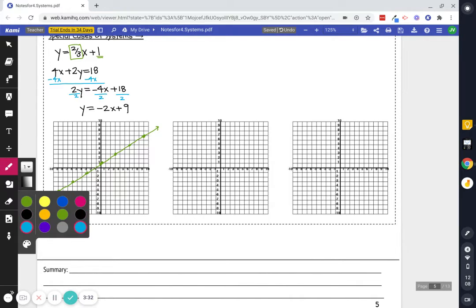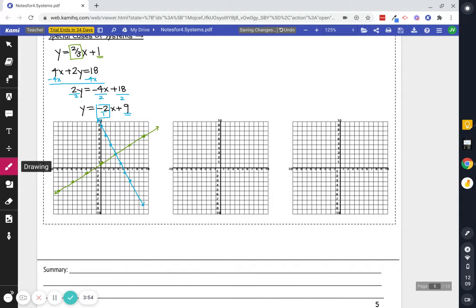And the reason I care about the negative 2x plus 9 is that now I have a slope and a y-intercept like we had last chapter, and we can sketch that graph. Okay, so there is this graph.